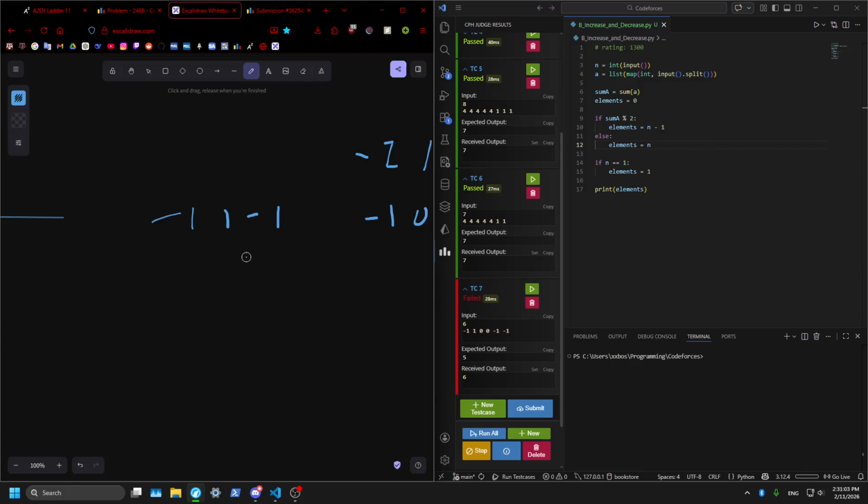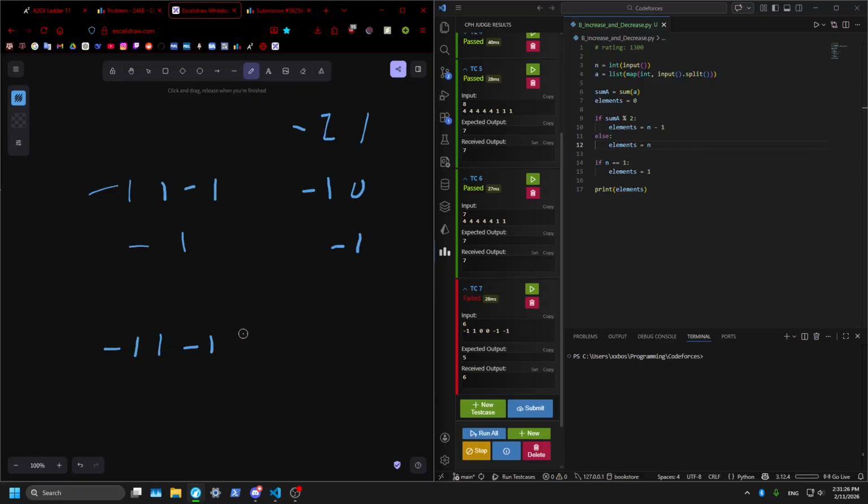But this will also always be 1. Or this will be 2. It's 2 right off the bat. Sum is -1. Okay, so sum is -2, -1, 1, -1, -1. Sum is -2.